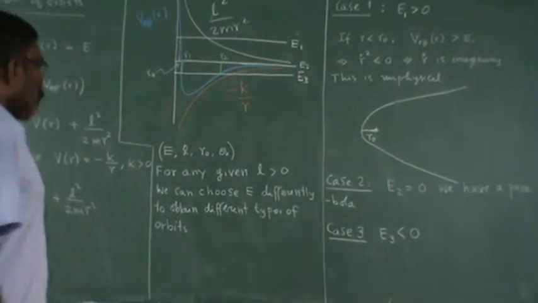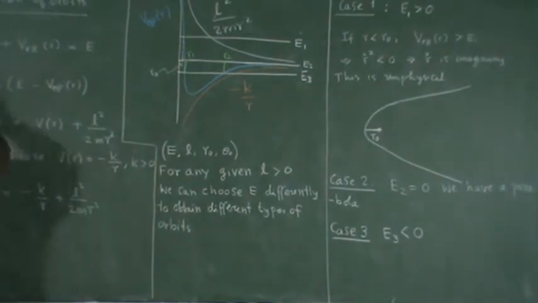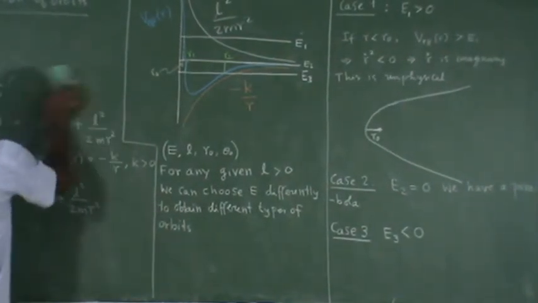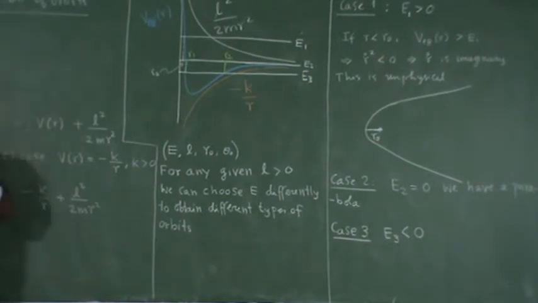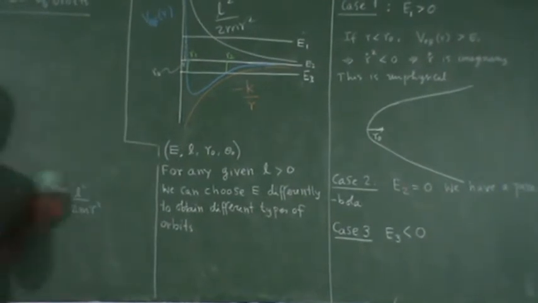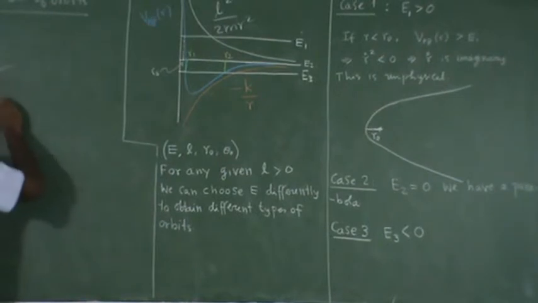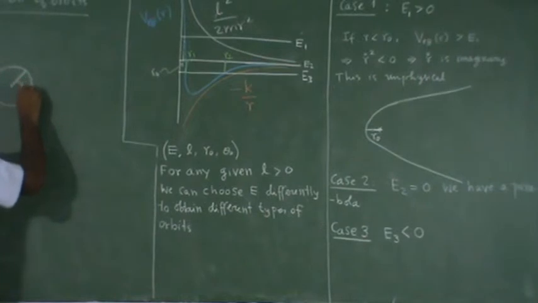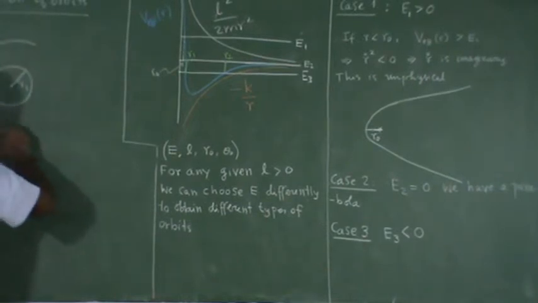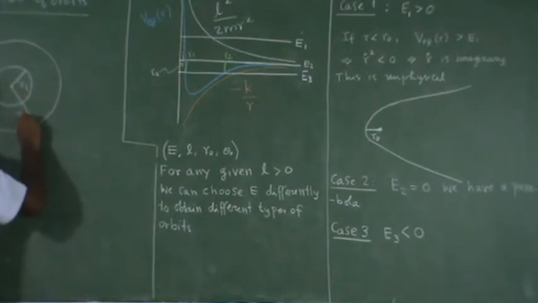So you can imagine that these R1 and R2 are called turning points. You have a circle of radius R1 and another circle of radius R2, and the motion is bounded in this region.